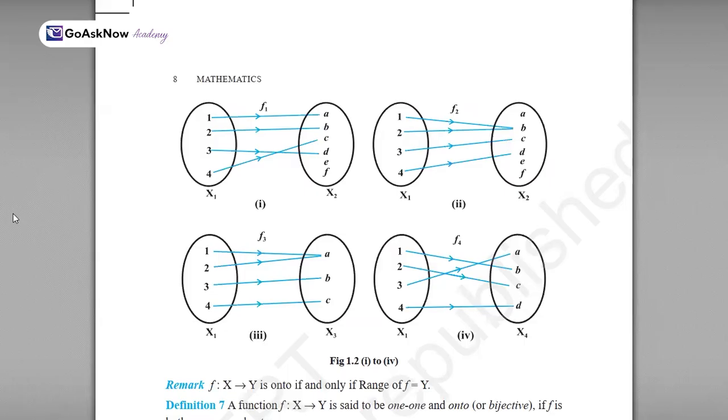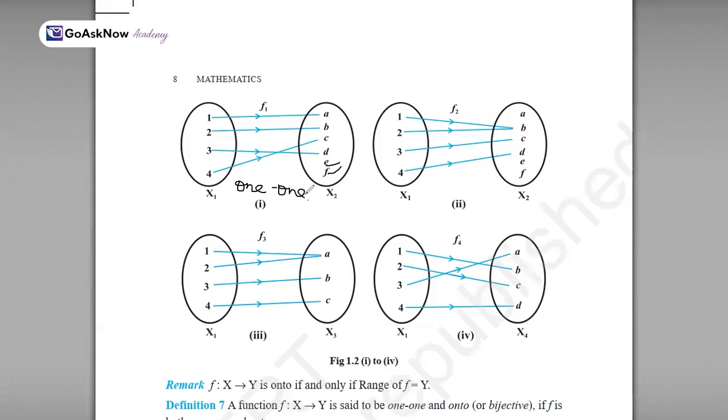So it is a one-one function, but it is not an onto function. Why? Because some elements of x2 are not related. E remains unrelated, F also remains unrelated. So this function is one-one only.